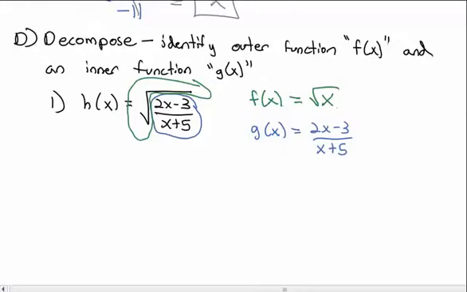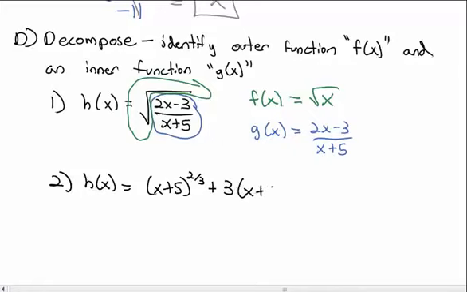H of x is really a composition, f of g of x, where f is the square root and g is the inner function of that fraction. So for example, if h of x equals x plus 5 to the 2/3, plus 3 times x plus 5 to the 1/3 plus 2.